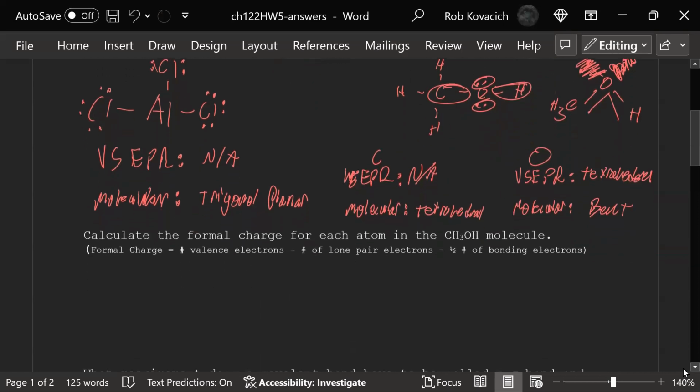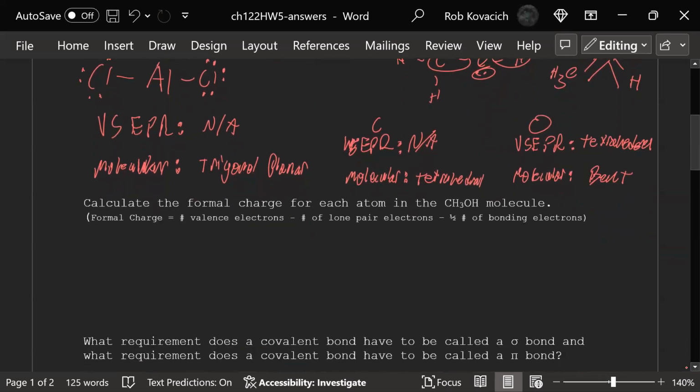All right, so calculate the formal charges for the atoms here. Okay, so carbon and the hydrogen and then the oxygen. All right, so for my carbon, I've got 4 valence electrons, and my hydrogen has 1 valence electron, and my oxygen has 6 valence electrons.